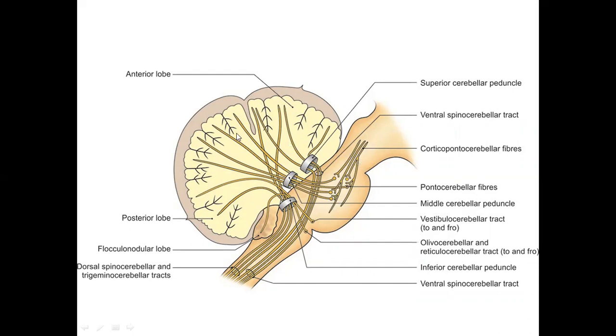Similarly, the pons also will have to and fro afferent and efferent fibers, which form the middle cerebellar peduncle. Similarly, the medulla oblongata also will have fibers running in both the afferent and efferent directions. You call it the inferior cerebellar peduncle. So we have superior, middle and inferior cerebellar peduncles.